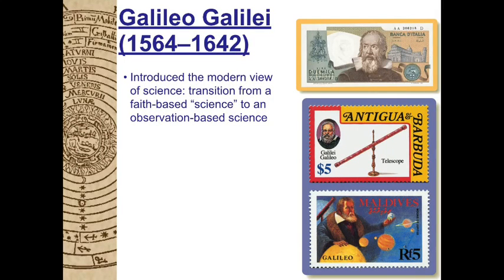Galileo, and most of us are familiar with that name, he actually moved science from this faith-based ideal to the modern scientific method that we have today. About the time he comes along, the telescope has been developed. Okay. So what he does is use the telescope to perform observations which support some of the things that Kepler has already discovered.